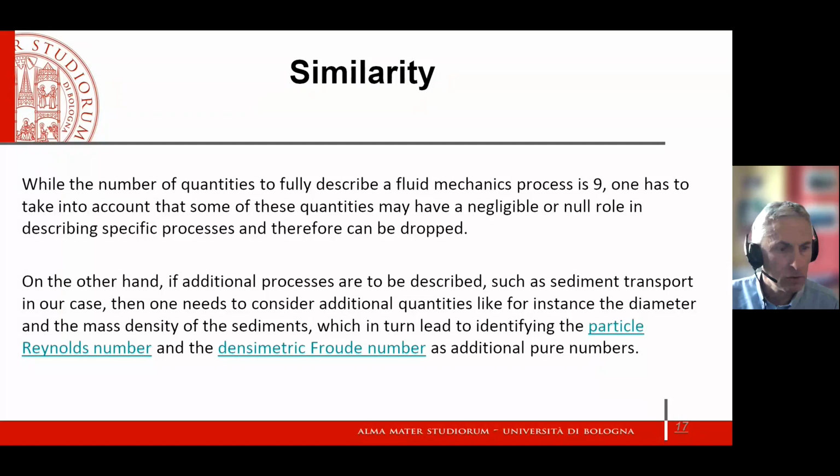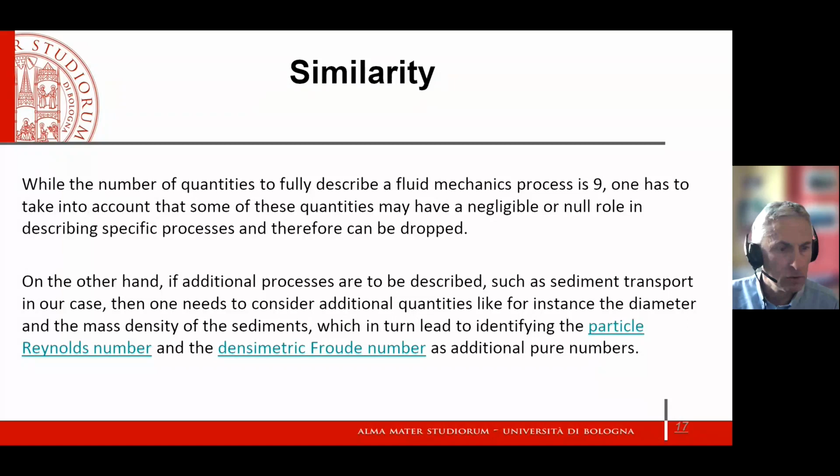It's clear, if I want to describe sediment transport, I need to know the mass density of the sediment. It's very relevant. And also the representative diameter of the sediments is very relevant. And then these additional derived quantities lead to identify two more dimensionless numbers. And these are the particle Reynolds number, which we introduced when we discussed the stability of the Harbour units.